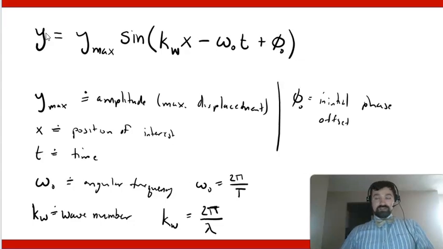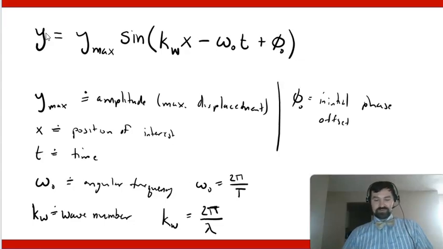X is basically saying where along this string you are looking. You can do this also in 2 or 3 dimensions, so it could be just generally where in space you are looking. Then omega is your angular frequency, t is your time.